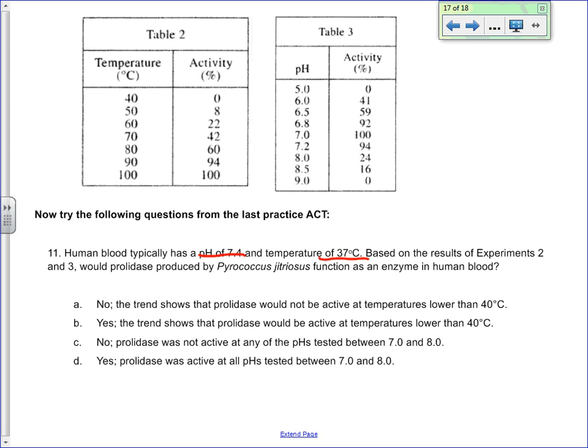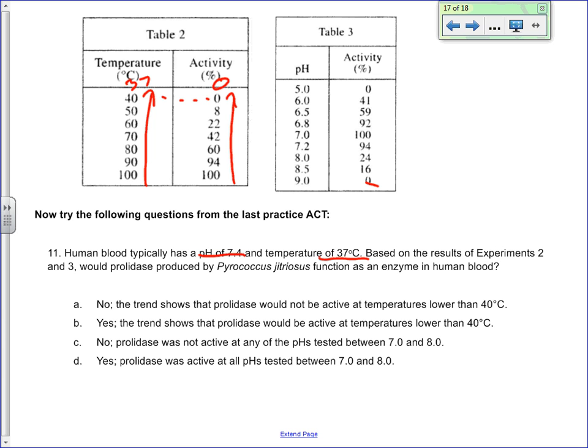No, because 37 degrees Celsius, it would not be active at a temperature lower than 40 degrees Celsius. Fantastic. We already see as it gets colder, our activity is reducing to where at 40 degrees, it's already 0. So 37 degrees would already be up here, which is beyond 0 already, and we wouldn't have any activity left.